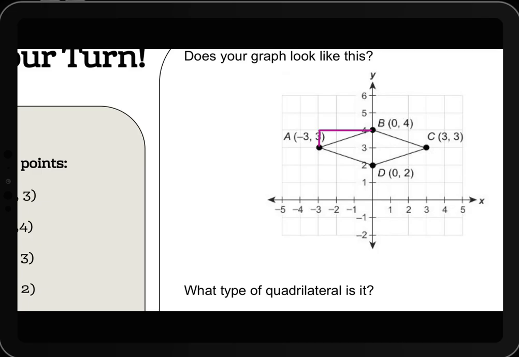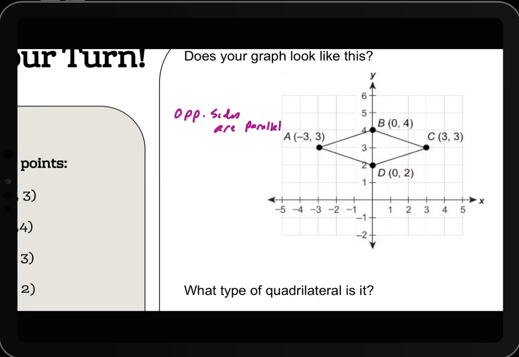So it has a slope of 1/3, as does that side as well. And this one goes down 1 and 3 to the right, so it has a slope of -1/3 instead. So because they have opposite sides with the same slopes, those are opposite sides that are parallel, right? That's important because you're establishing that it's a parallelogram.